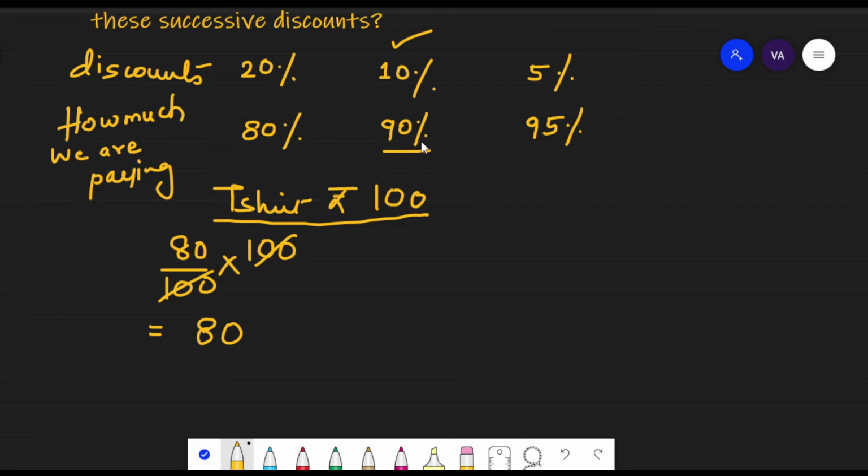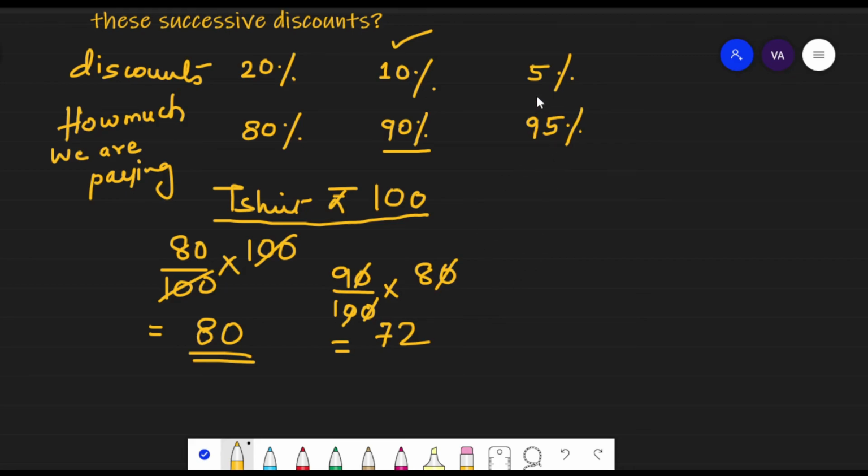That means we are paying only 90%. But 90% of what? Now 90% of 80. So here we have 9 8s are 72. So after availing the second discount, we are just paying 72 rupees for the t-shirt of 100 rupees.